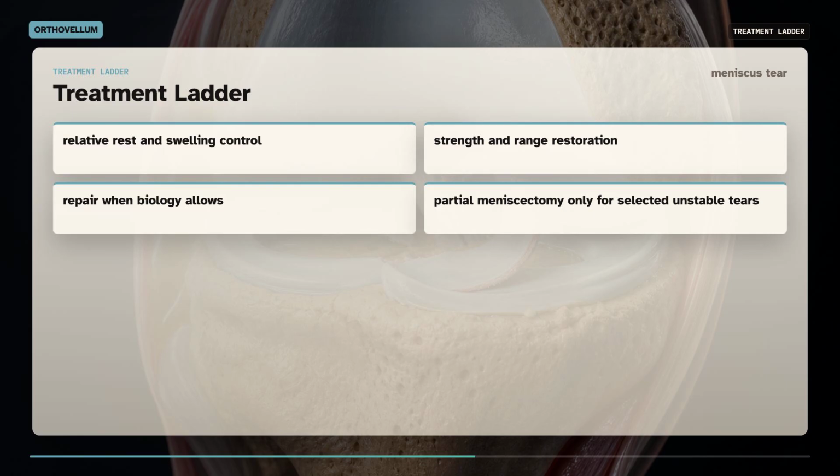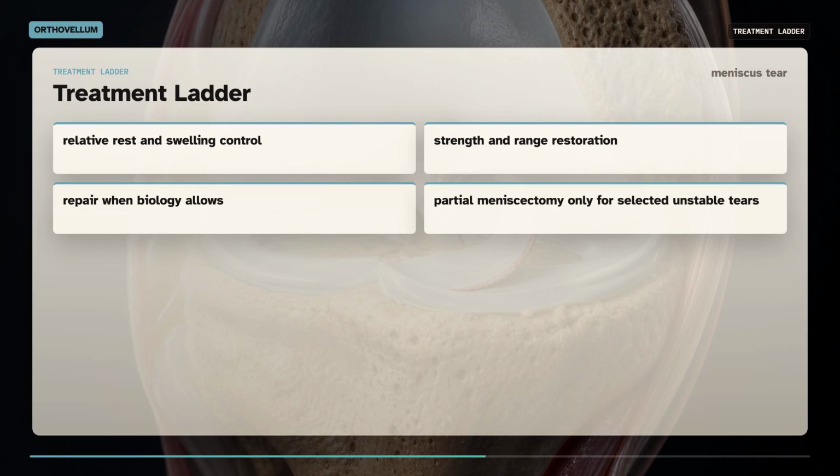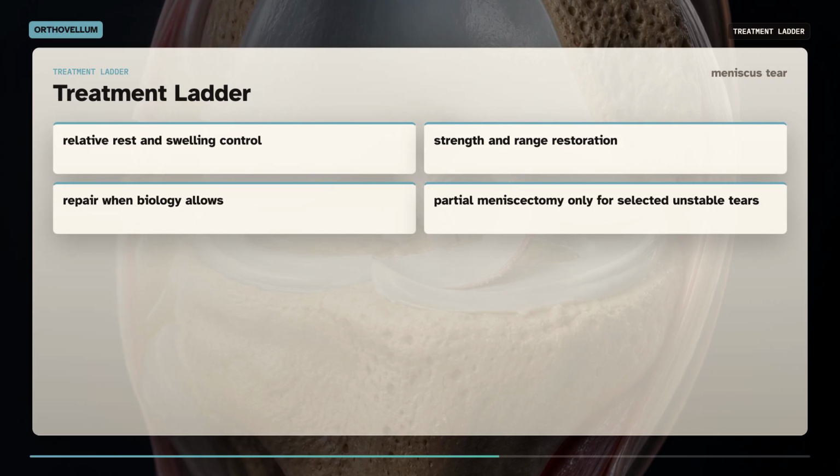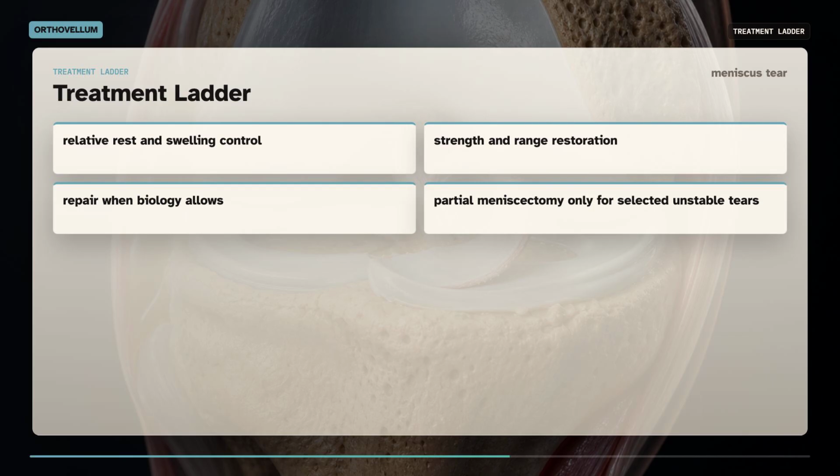That means load management, targeted strengthening, mobility when appropriate, and clear expectations. Injections, braces, procedures, and operations are tools. They are powerful when used for the right reason and disappointing when used as shortcuts. The best plan explains not only what to do, but why that step belongs at this moment.